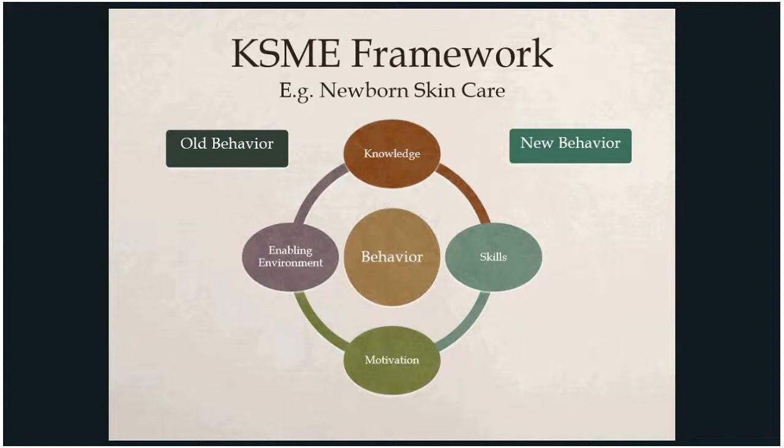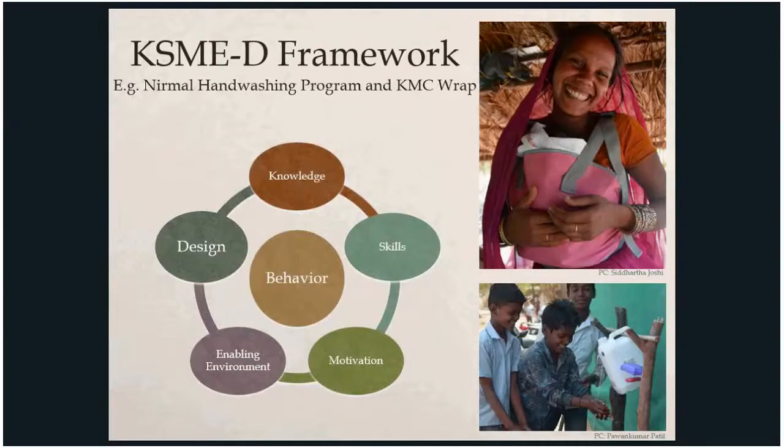So I'll just give you another example to explain how knowledge, skill, motivation and enabling environment contribute to form a behavior, to modify a behavior and to sustain a behavior. This is a very simple model, and I said that we can modify it based on our need. In case of smoking, we might need to think about a few more components, such as the addictive nature of tobacco.